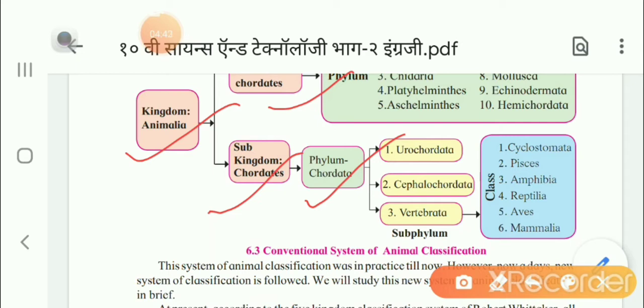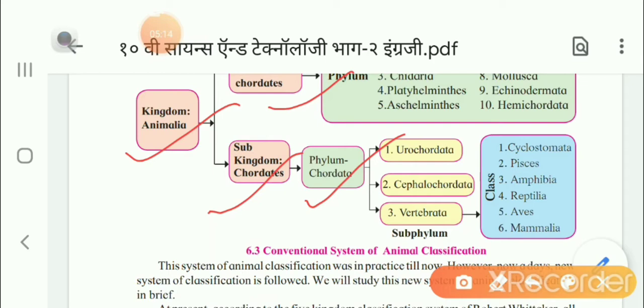That also I told you how to learn these three, and I told you all the tricks also in the last lecture. Now again this Vertebrata is further divided into 6 classes, that are Cyclostomata, pisces, amphibia, reptilia, aves, mammalia, etc. So this way we can see, children, how the classification is done.